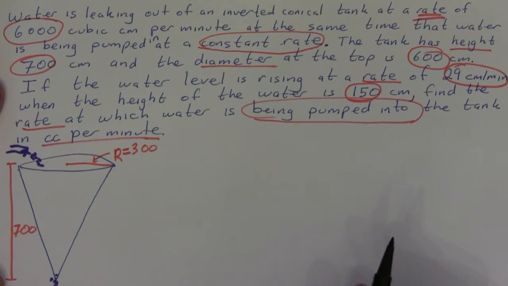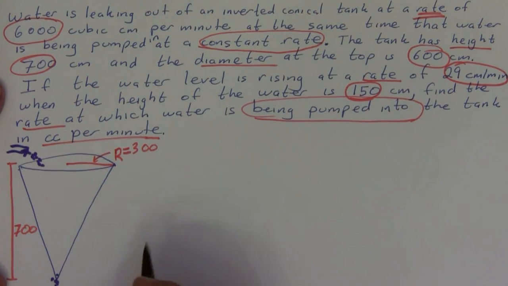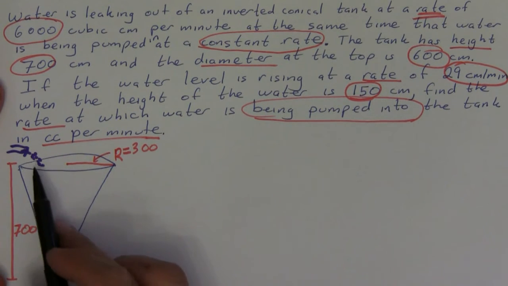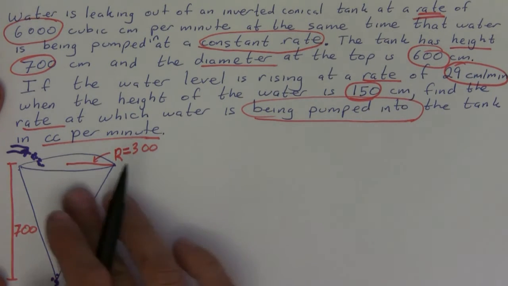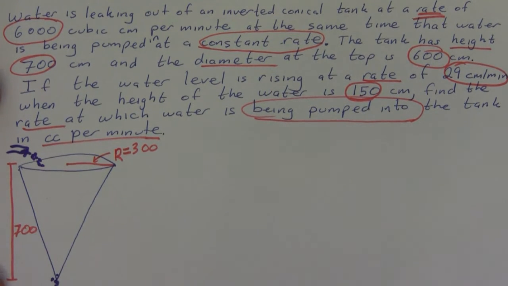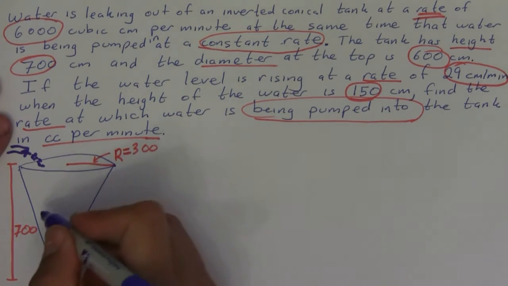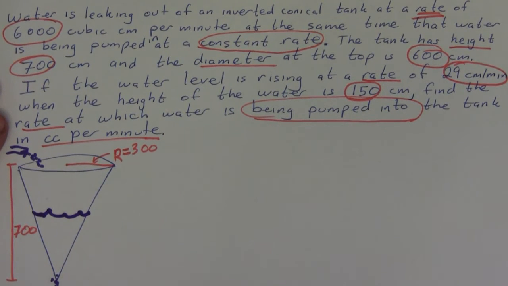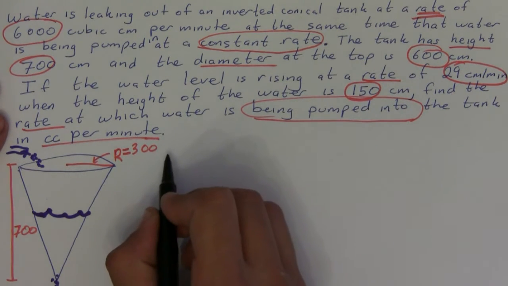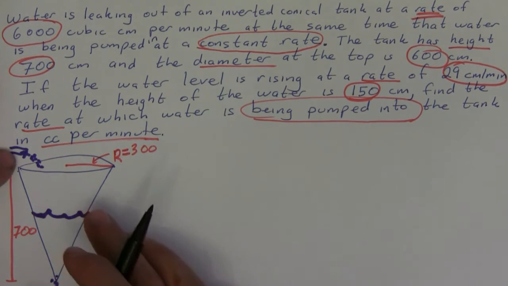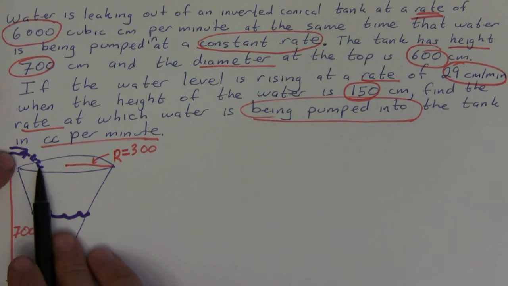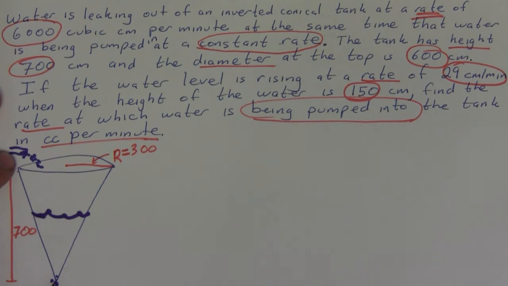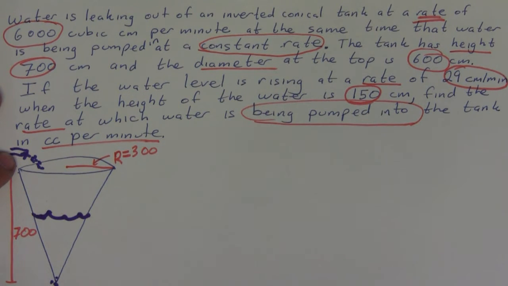This is a little bit tricky, but let's explore the idea that I just mentioned: the rate at which the volume of water inside of the tank is changing is the difference between the rate at which the water is being pumped in and the rate at which the water is leaking out.